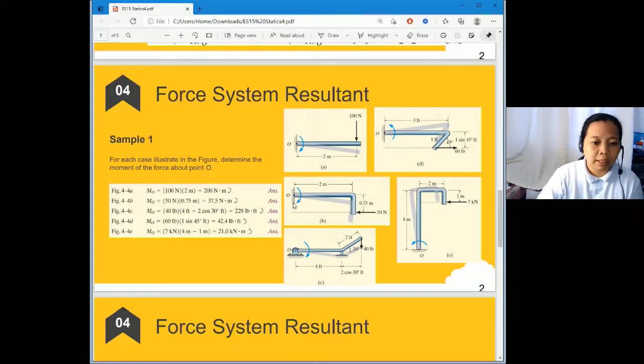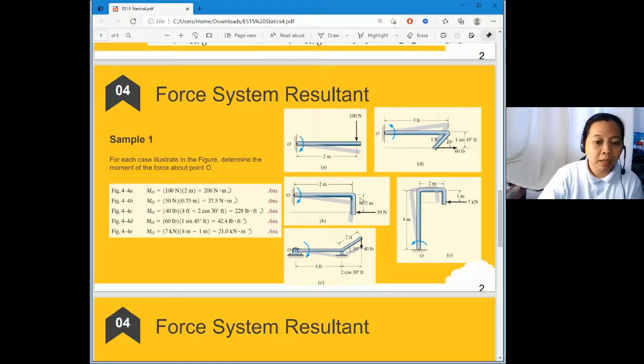So B, this is our problem B. You have an applied load of 50 Newton and a distance of 0.75. Why 0.75?